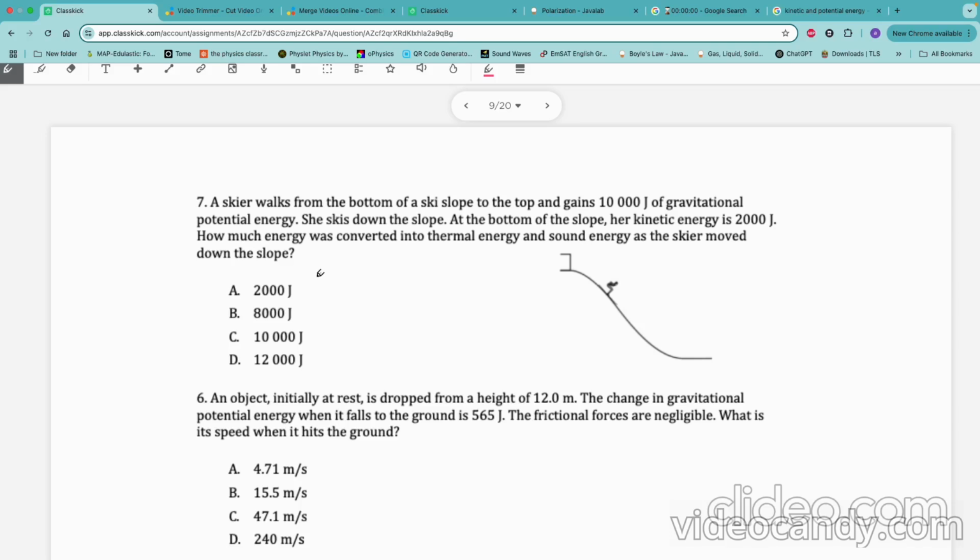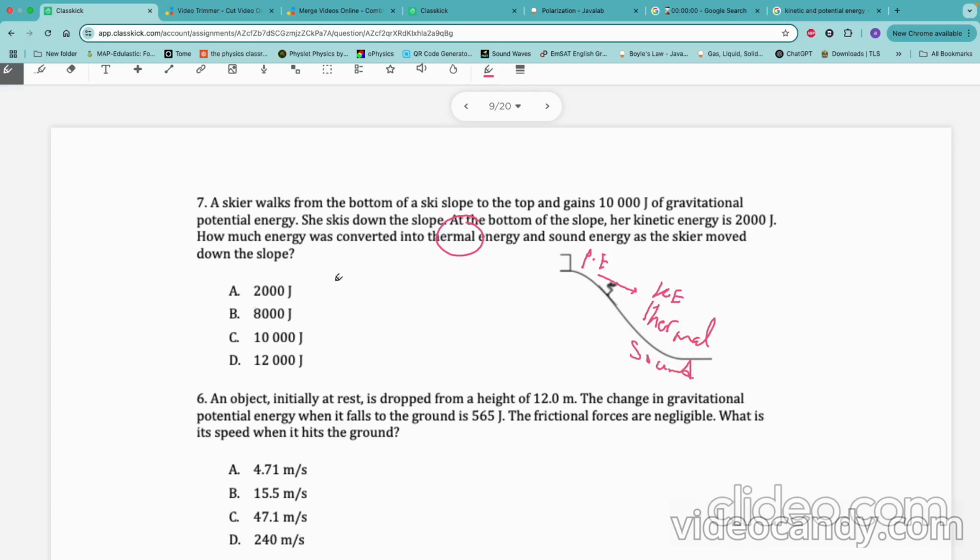Now, during the motion, obviously in this situation, gravitational potential energy changes to kinetic energy, and some energy will be wasted as thermal energy due to friction force and sound energy. In general, we know energy has to be conserved.